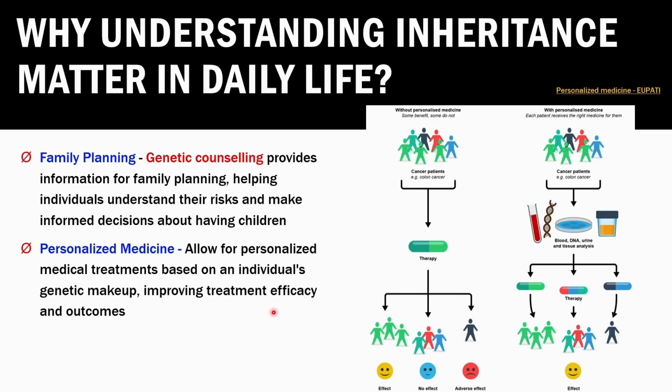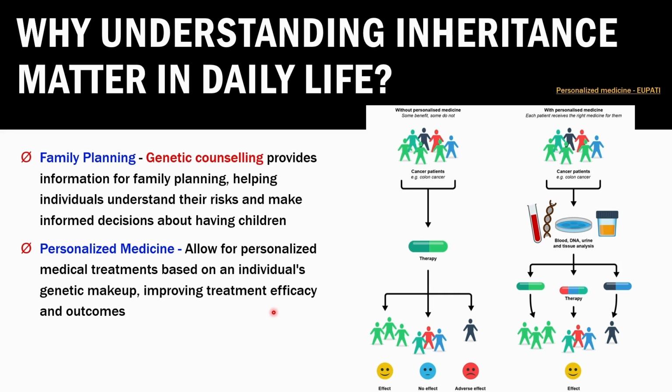Not only that, the information in the DNA is important for family planning, mainly genetic counseling. So if your family has some kind of disease that is passed from one generation to another, then when you want to have kids, you understand the risk of having kids.